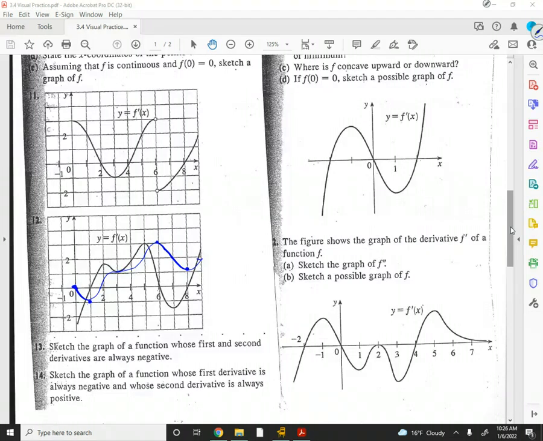It's got a weird wiggle in there where it doesn't have extrema, but the concavity is changing. Because technically, all these spots, the concavity changes.